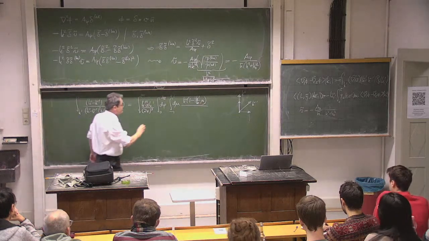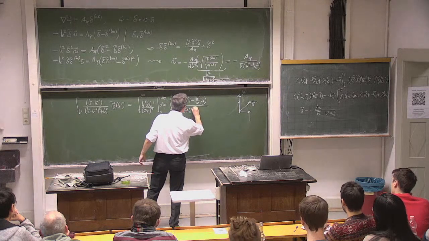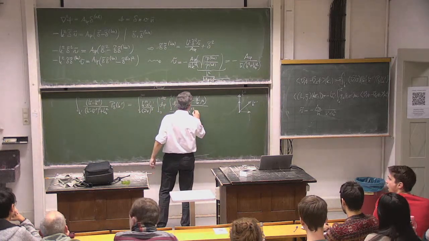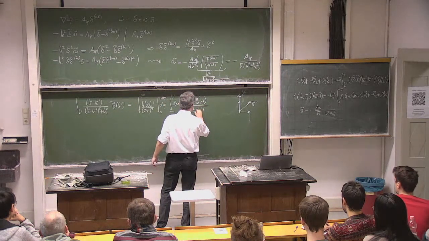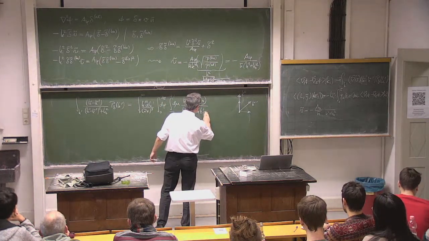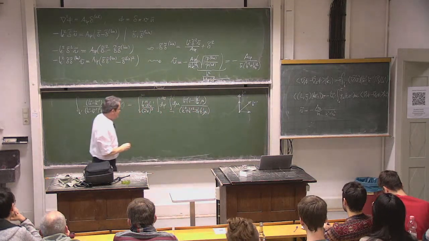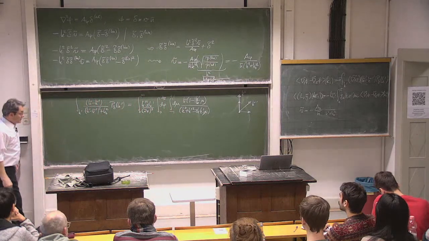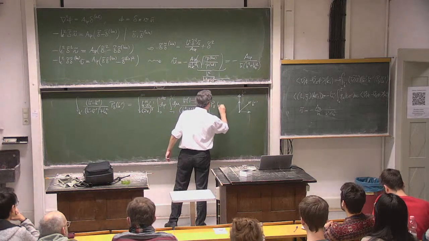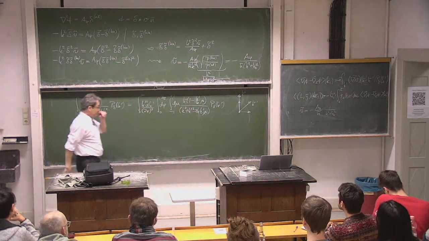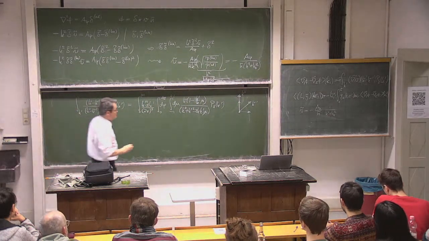Here I get k squared plus k prime squared minus k prime 2 times cosine angle between, so times mu, times p delta of k prime. All right, that's it. Plus k0 squared.